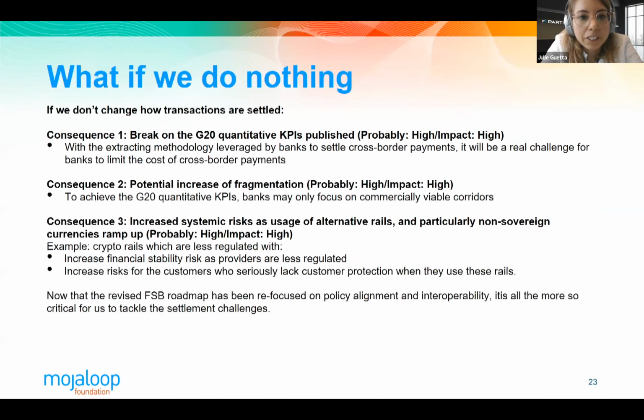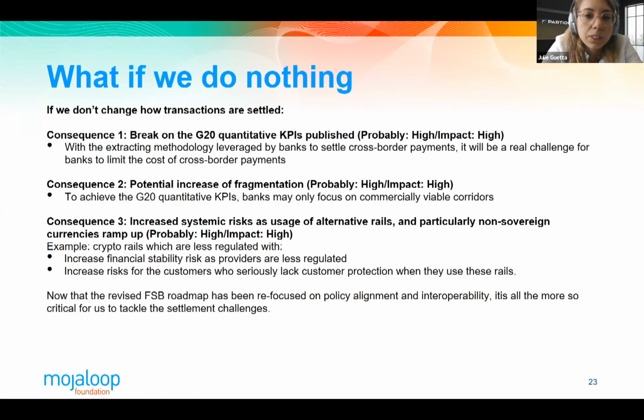So what if we do nothing? The first consequence is we're not going to be able to achieve the G20 quantitative KPIs published, particularly the one around cost, because a fair portion of the cost of a cross-border payment comes from the settlement cost.